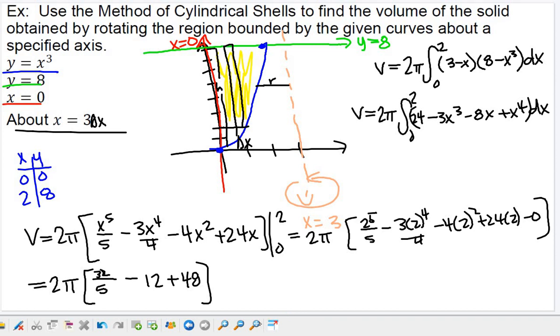Where did I leave one off? Oh, I missed a term. Sorry. So this would be minus 16, and then 2 squared is 4. Did I do that wrong again? Yes, 2 squared is 4 times 3 is 12. That's the term I missed. 12 minus 16 plus 48.